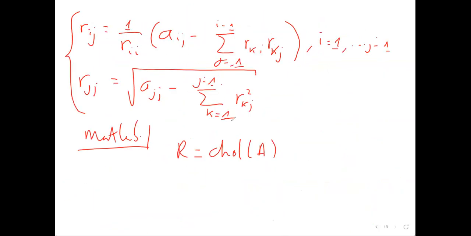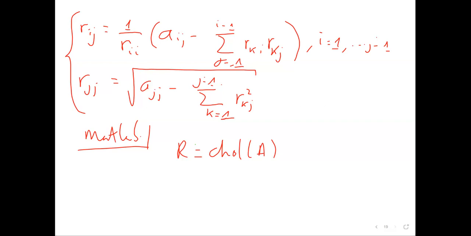So in MATLAB, you can do chol of A, and you get the Cholesky algorithm implemented as well. So let's take an example of a matrix. Let's see if we can do Cholesky on it.